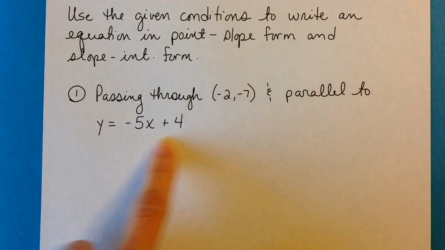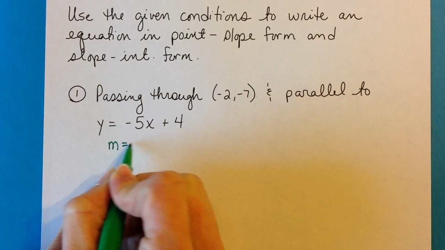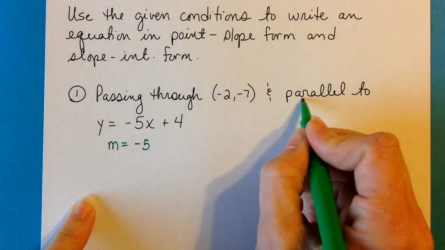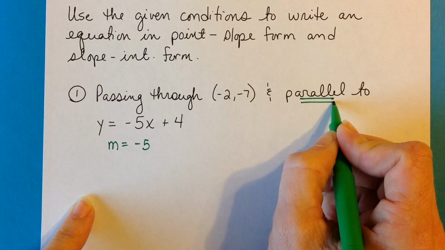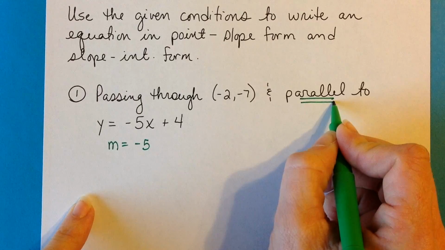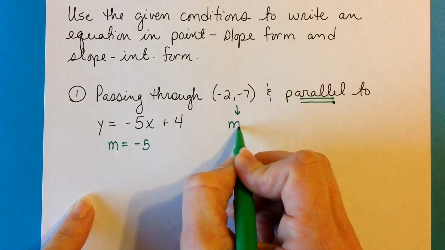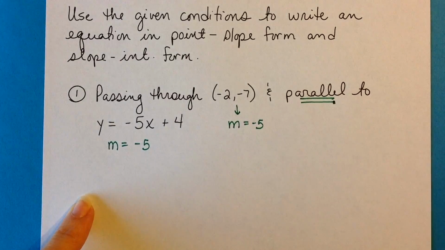So let's talk about this line for just a second. The slope of this line would be -5. Because you're told that your lines are parallel to each other, your slope is going to stay exactly the same. So that means you're going to use this point and still use -5. You have to keep the slope the same.